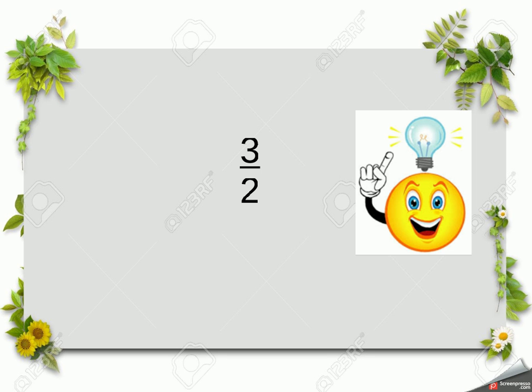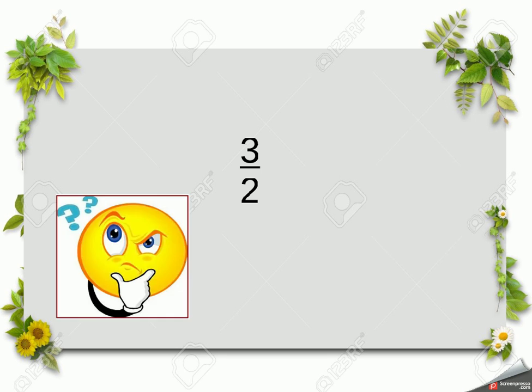Now the one thing I've got to remember is that it often leads to top-heavy fractions. So in this case, the numerator 3 is bigger than the denominator. As we've seen in previous videos, we now have to turn it into a mixed fraction. Can you remember the process?